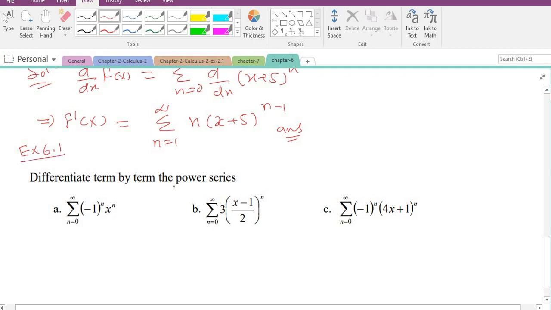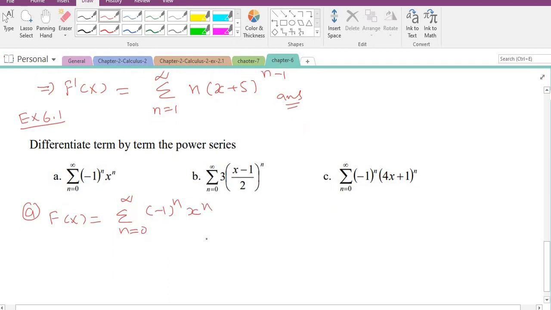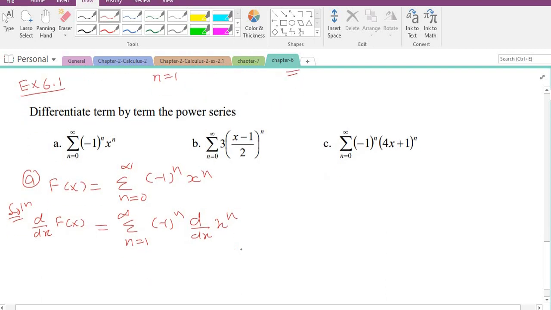Differentiate term by term the following power series. So for part A, f(x) is given here from n equal to 0 to infinity of (-1)^n times x^n. So what we have to do is just write d/dx of f(x) equal to the summation, changing the start because you are going to differentiate, from n equal to 1 to infinity of (-1)^n and then d/dx of x^n.